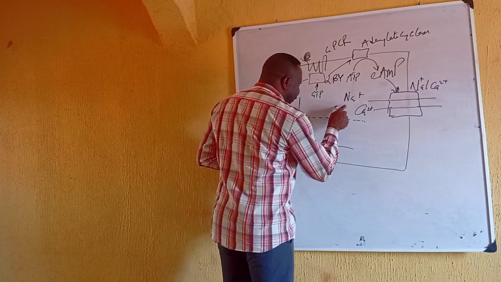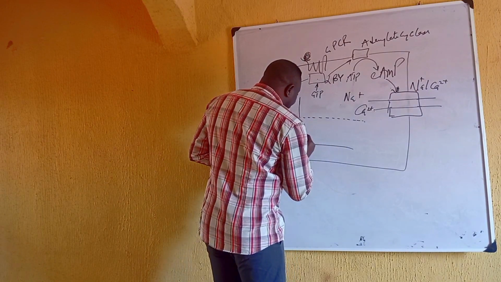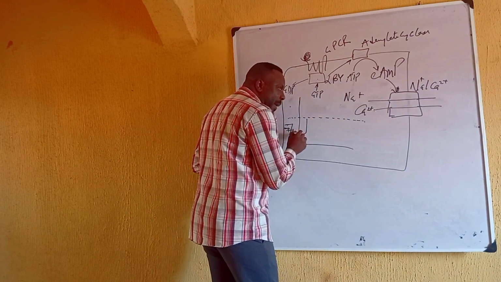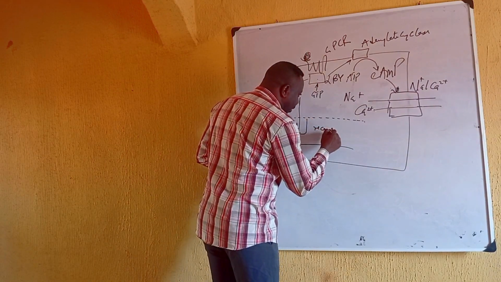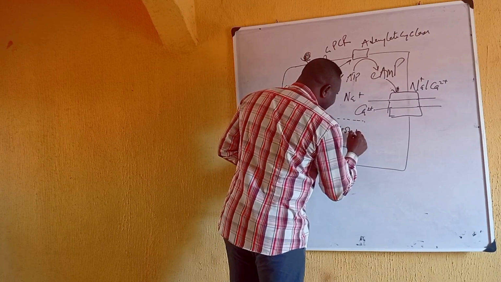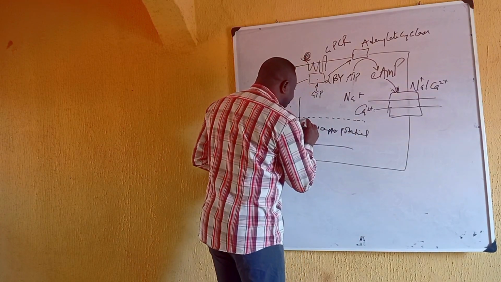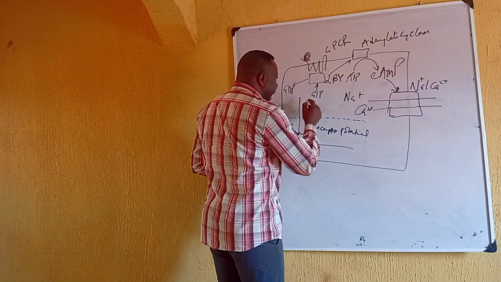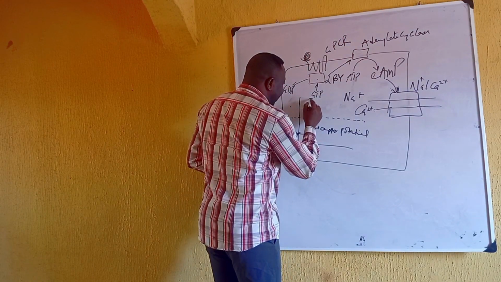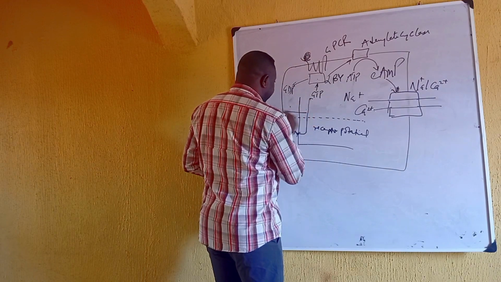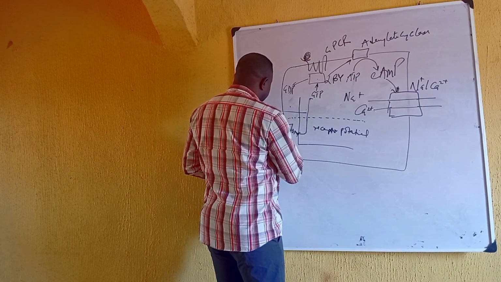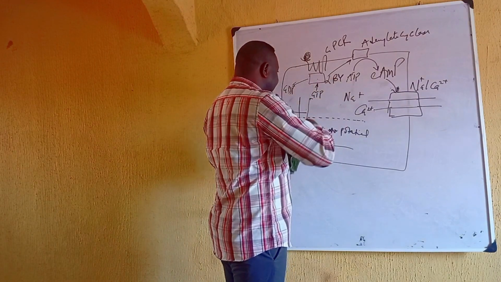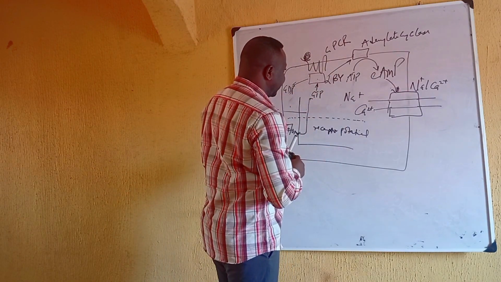When there's an influx of sodium ion, it results in a change in the resting membrane potential. That change is known as the receptor potential. When the receptor potential reaches a particular threshold, it spikes and results in the generation of an action potential, which results in the transmission of electrical impulse.